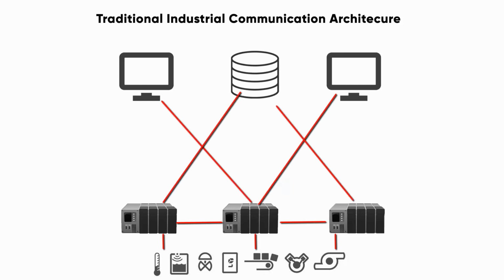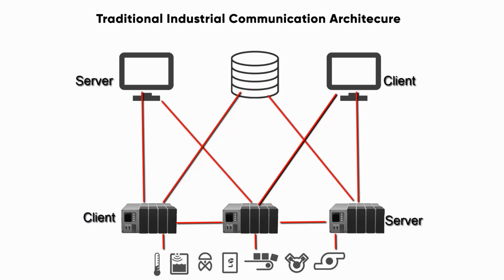In most cases, the type of communication that is used between these devices and applications, and sometimes between devices themselves, is a point-to-point protocol. What this means is that there is always a client and a server communicating directly with each other. A client sends a request and the server responds.